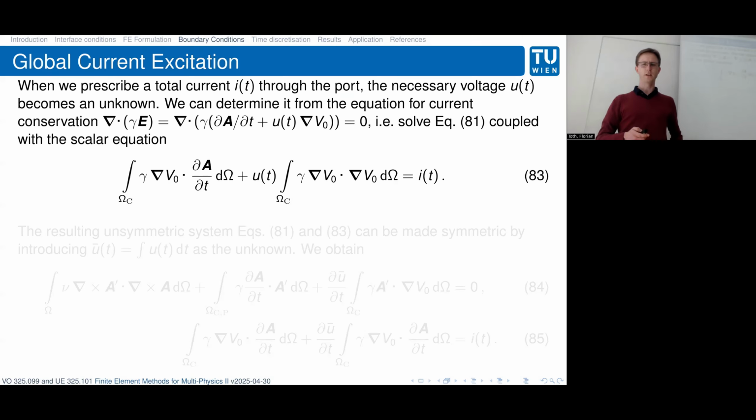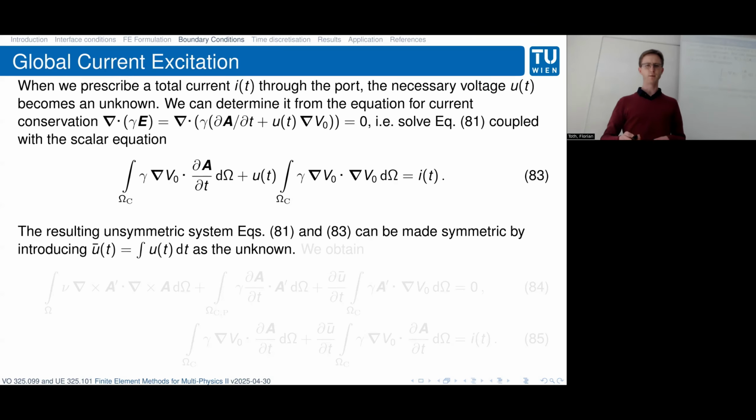And you see, when you look at the equations in detail, this is actually an unsymmetric system which can be symmetrized by introducing the unknown defined as the time integral of the voltage. So you can do this. This is a choice of unknown.